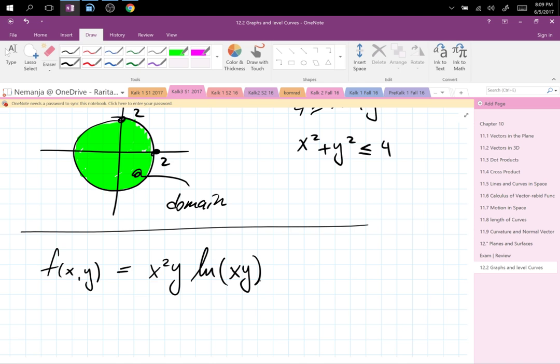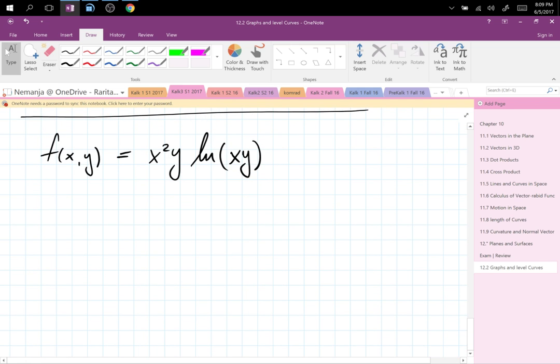So let's say this is the domain we want to consider. When you are considering domains, you have to consider all of the functions that make up a more complicated function independently and pick the most restrictive one of all.